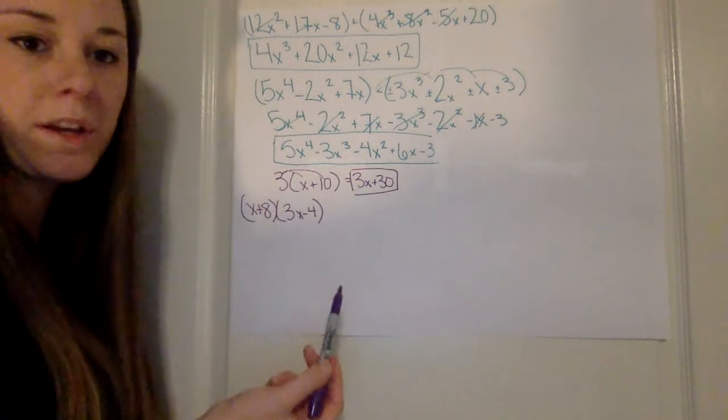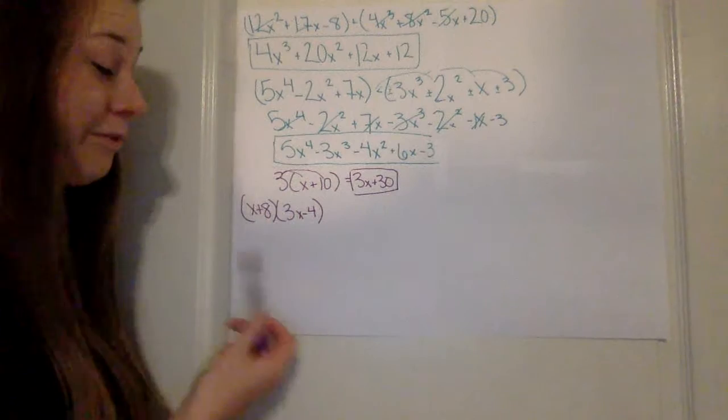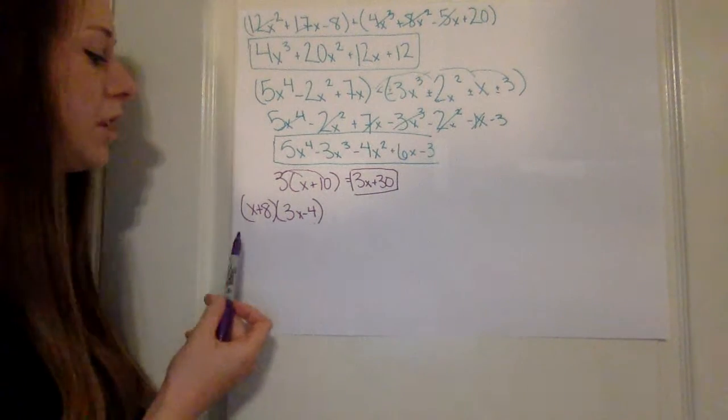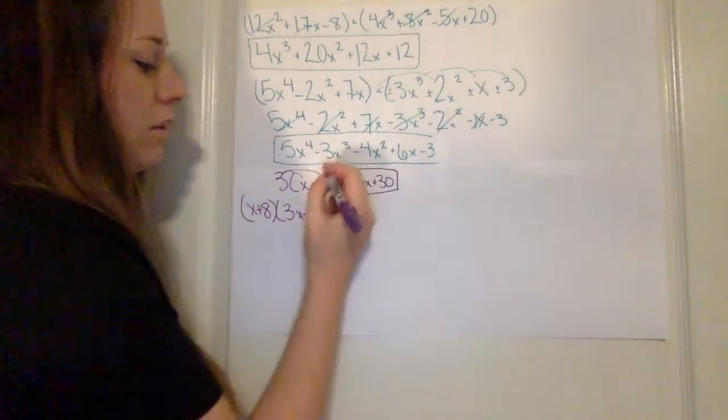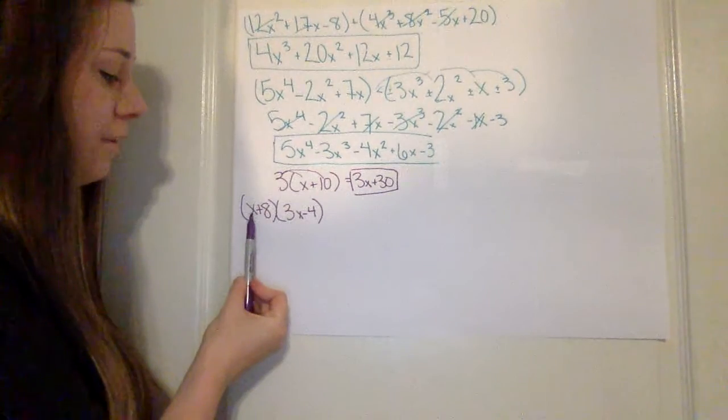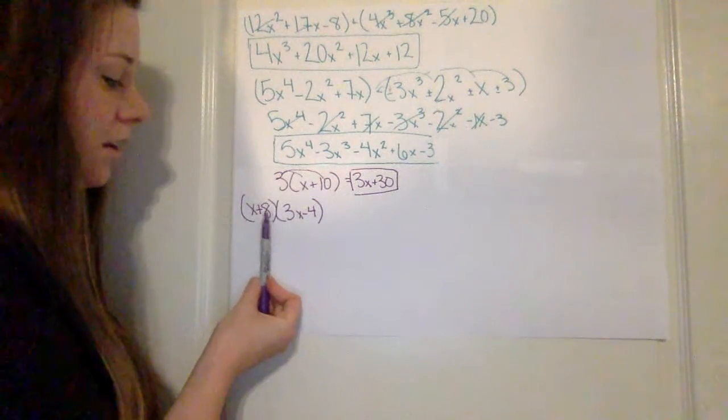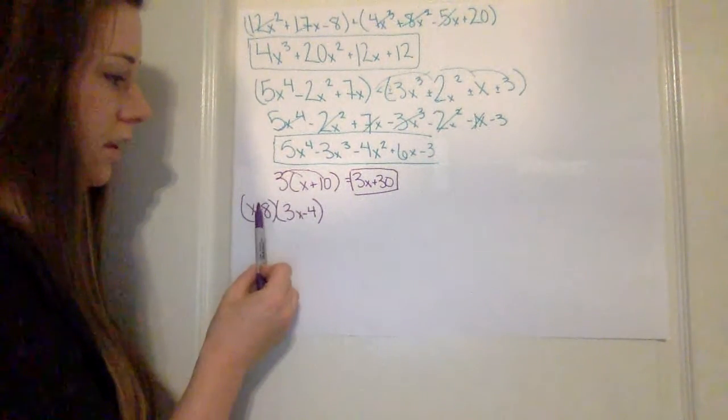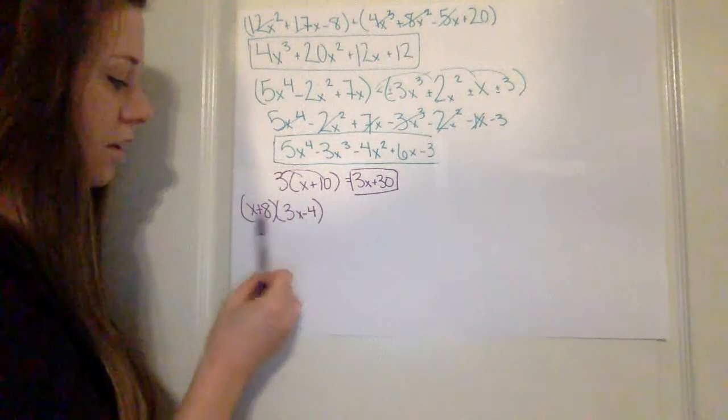A lot of people like to use what they call FOIL distribution, I believe it's called. And FOIL stands for front, outer, inner, and last.